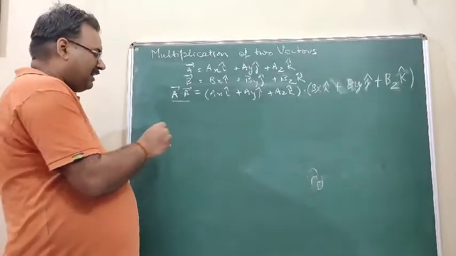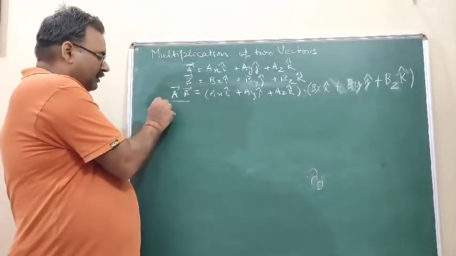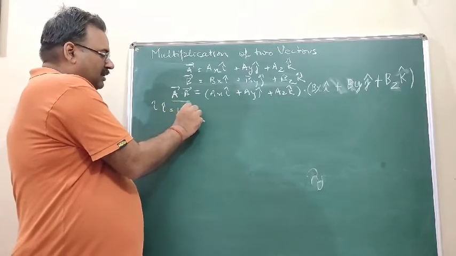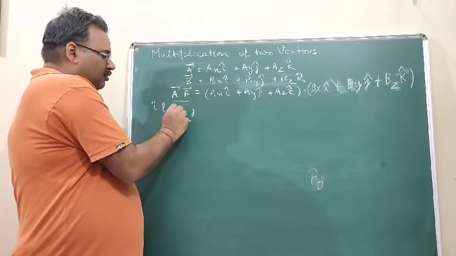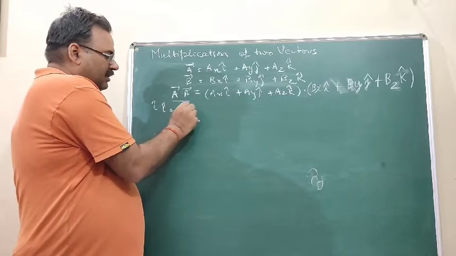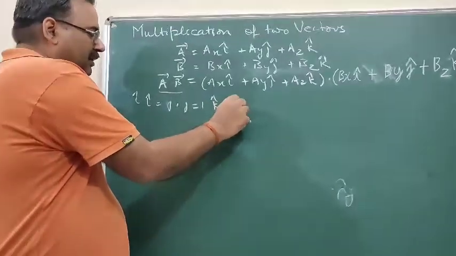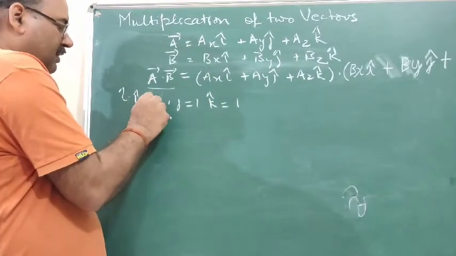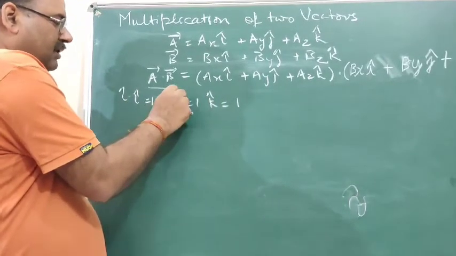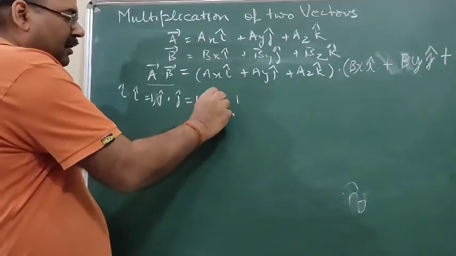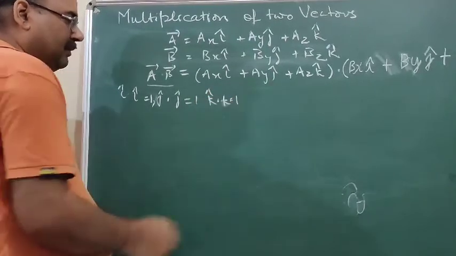We know that i dot i equals 1, j dot j equals 1, k dot k equals 1. So i dot i, j dot j, k dot k equal 1.